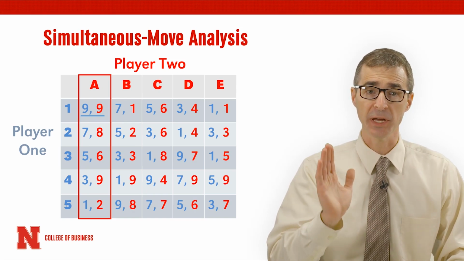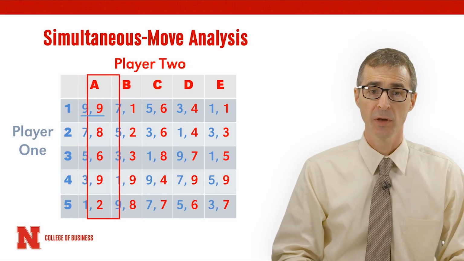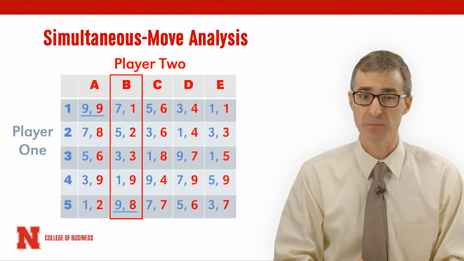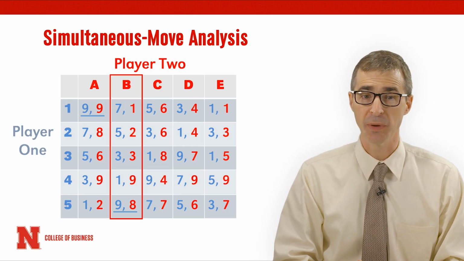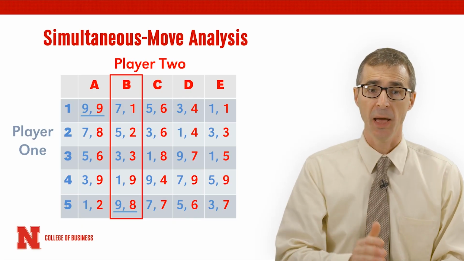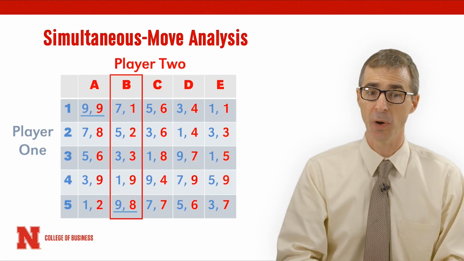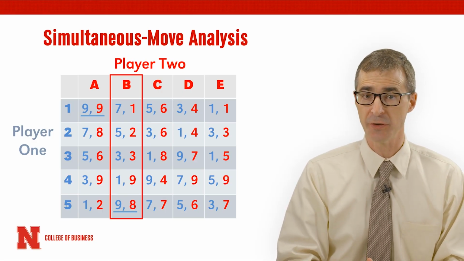We're going to do this for each of player 2's 5 possible strategies. For instance, if player 2 is choosing strategy B, we ask again, what is player 1's best response? Looking down column B at the blue payoffs for player 1, the payoffs are 7, 5, 3, 1, and 9. 9 being the highest payoff, that corresponds to strategy 5.